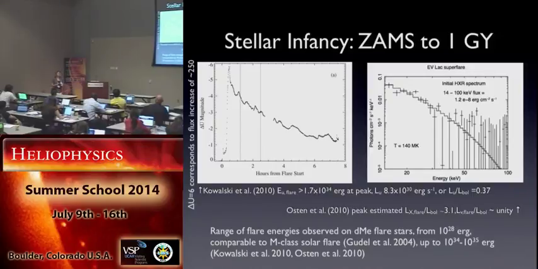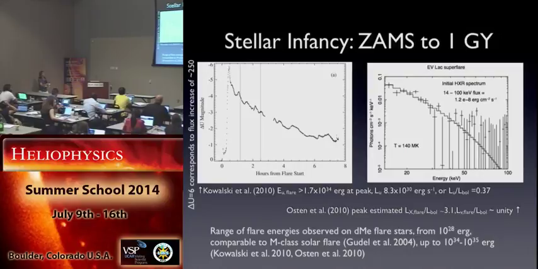U-band, if you go back to the plot that I showed earlier, is shorter wavelength than B. It's something like 3,400 angstroms to 3,600 angstroms.